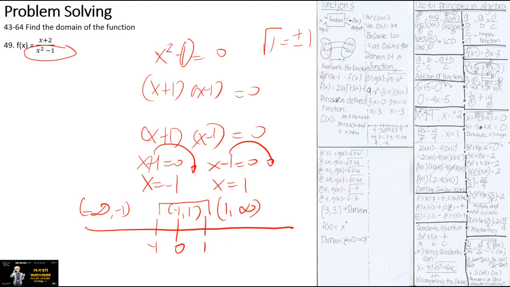So okay tayo dyan. Sa pagitan ng negative 1 at 1, sabihin natin negative 0.8, substitute mo dito, meron pa rin tayong value. Ito naman, 1.1, 1.2. Substitute mo dito, may value pa rin tayo. So okay tayo dito sa interval na itong tatlo.